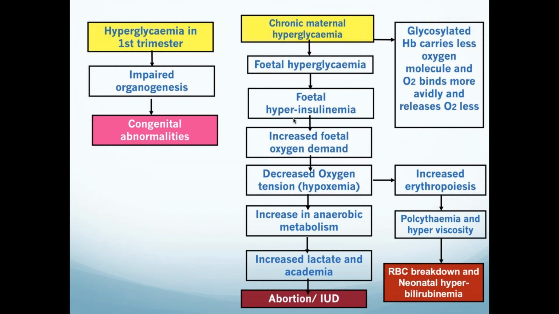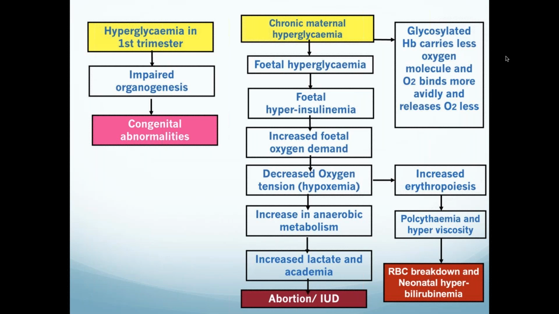So this is extremely important for you to understand the differences between diabetes in pregnancy and pregnancy in diabetes. So diabetes in pregnancy was the one which I showed prior, that diabetes happens in pregnancy, and when first diagnosed in pregnancy, it is called gestational diabetes. And any diabetes which is pre-existing before pregnancy, in the preconceptional period, is called pre-gestational diabetes, which can be type 1 or type 2.